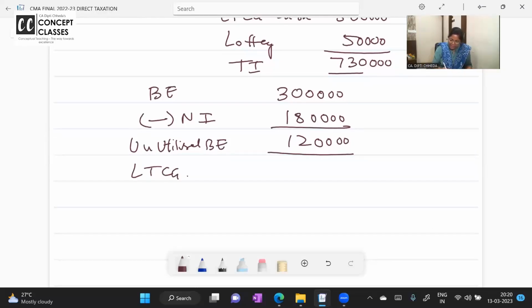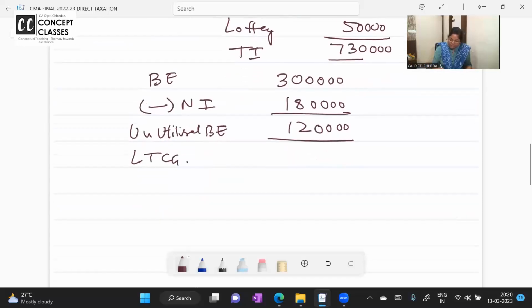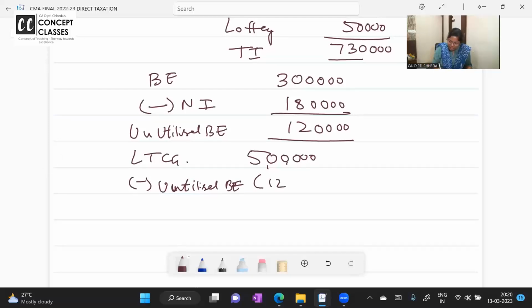So let us take now long term capital gain first. You have to use this sequence smartly. 5 lakh minus unutilized basic exemption. Can you set off 120? Salary normal income is only 180, but he's a senior citizen, so the basic exemption is 3 lakh.